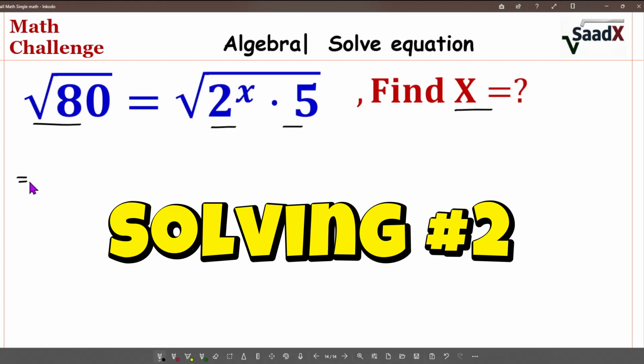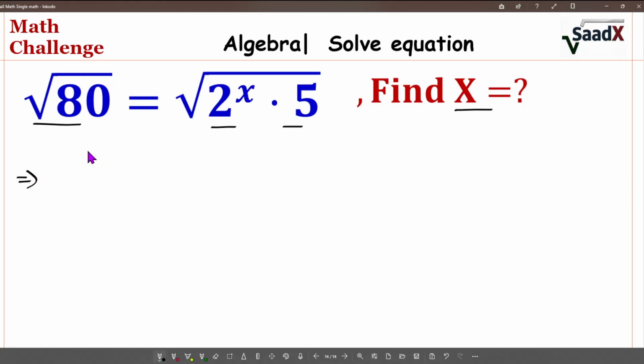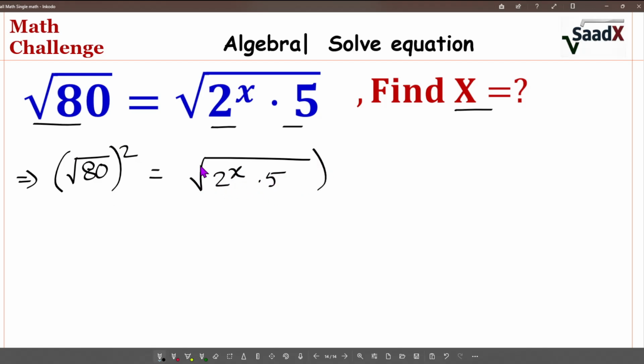Now for the next one, very simple: we can square both sides. So root 80 squared equals root of 2 to the power x times 5, squared.